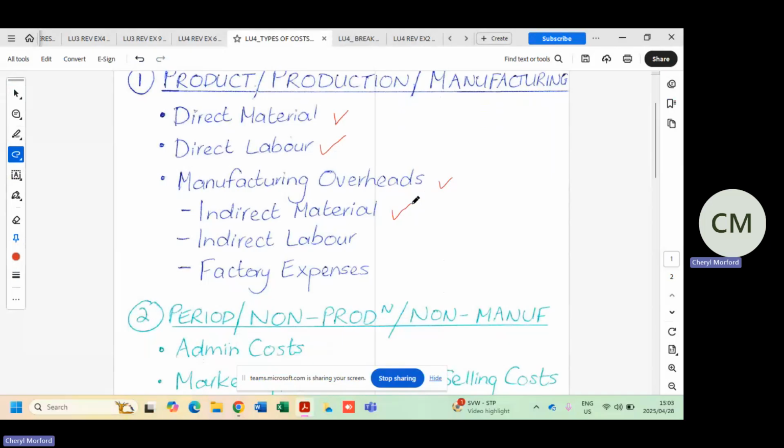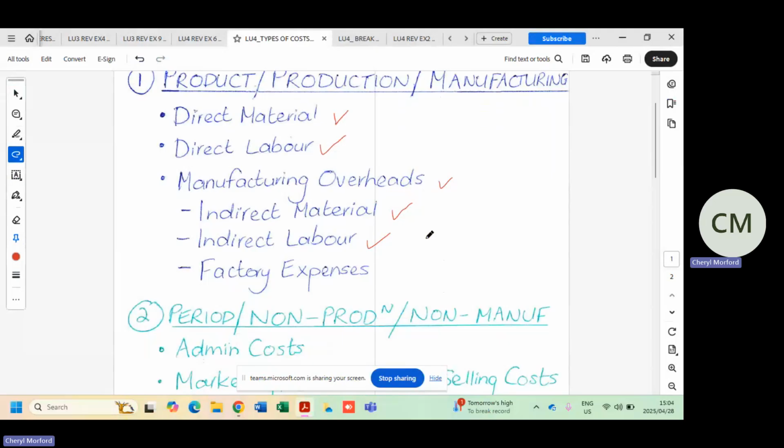Okay. Then we're going to have indirect labor. So these are workers who are in the factory and they are not directly involved in the actual production of the product. So for example, you can have a supervisor of the team of workers who is operating the machines. You can have cleaning staff in the factory.